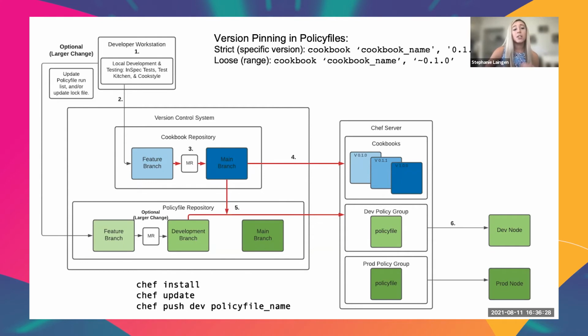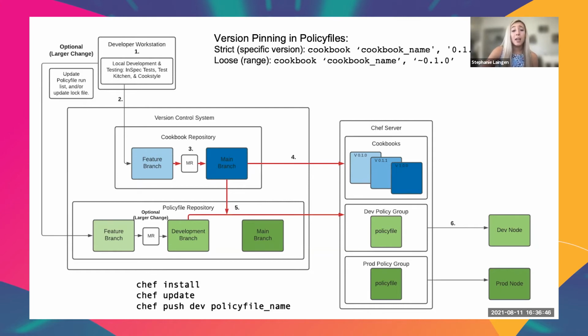And that is going to automatically run the commands chef install, chef update, and chef push to the dev environment. And if these commands look familiar, it's because they're the exact same commands that were run by the developer manually the last time we went through these steps.